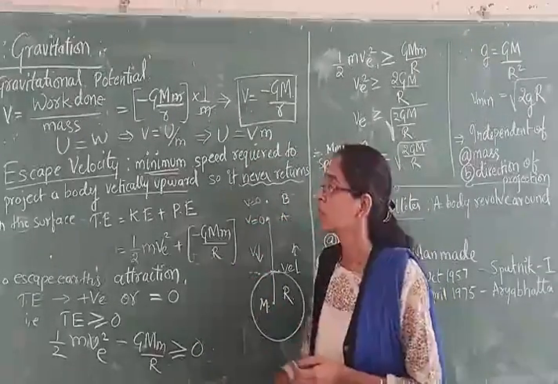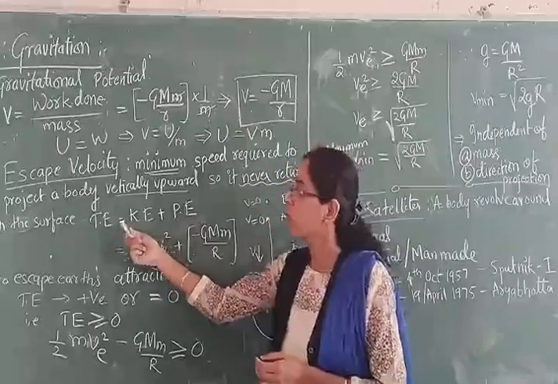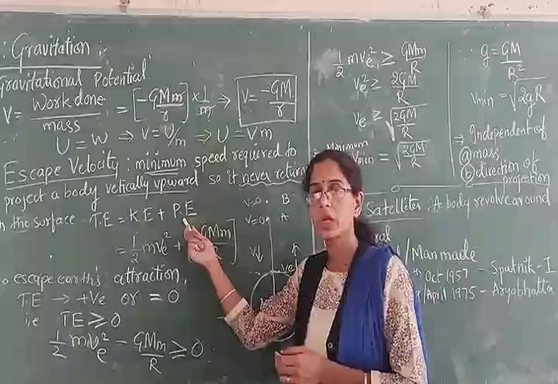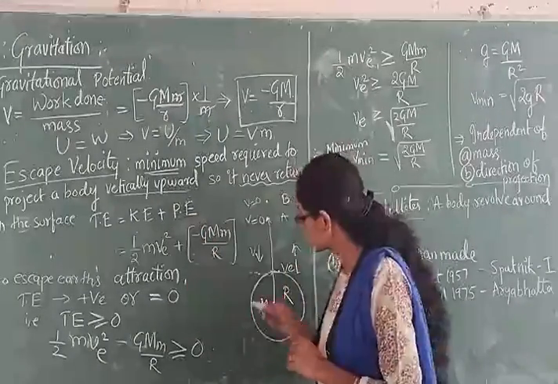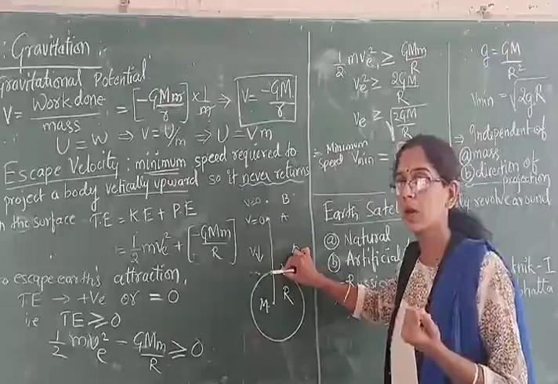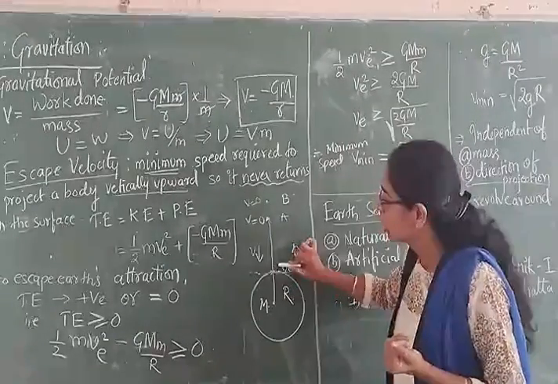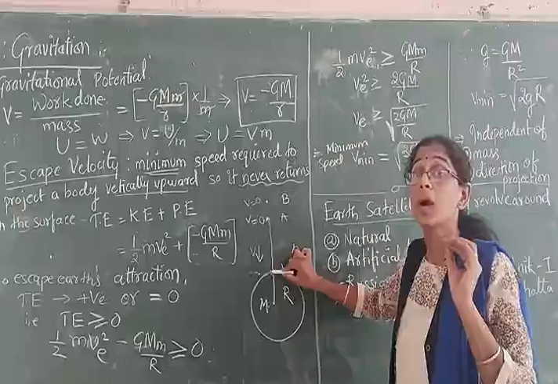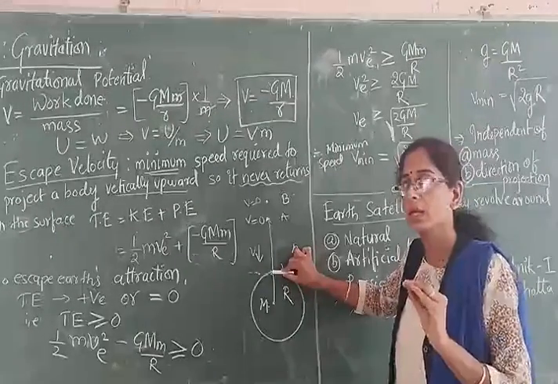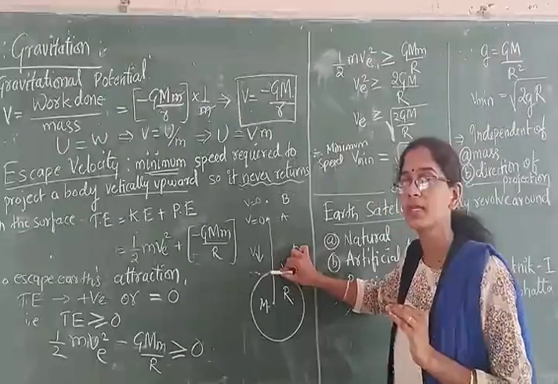Total energy. So total energy of the object when it is lying on the surface of the Earth is equivalent to kinetic energy plus potential energy. When the object is lying exactly on the surface, we will throw it with a certain velocity. Therefore, the object will have maximum velocity, or in turn maximum kinetic energy, when it is on the surface.